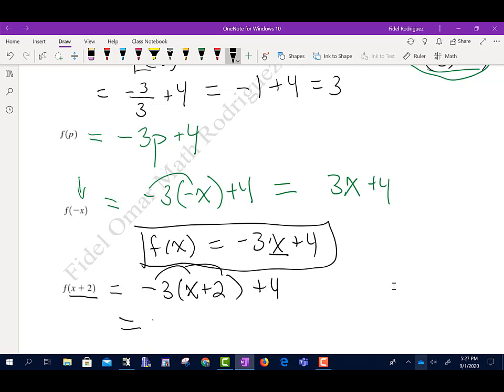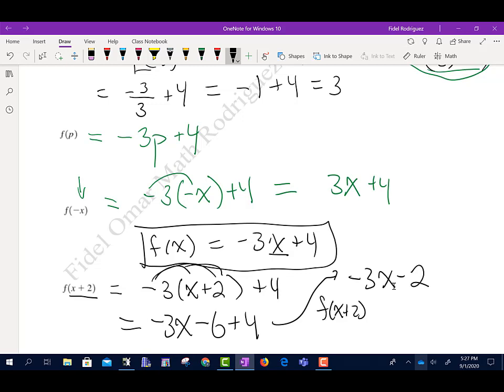And I'm going to distribute that negative 3. So negative 3x, negative 3 times 2, negative 6, plus 4. And that gives me negative 3x minus 2. Okay? So f of x plus 2 equals this whole piece right here, right?